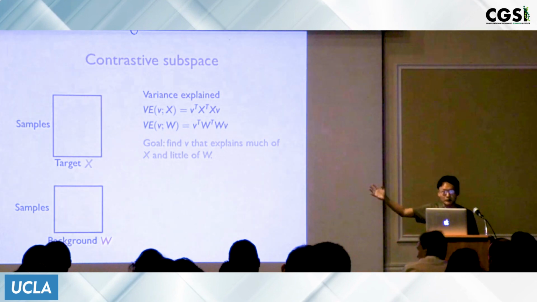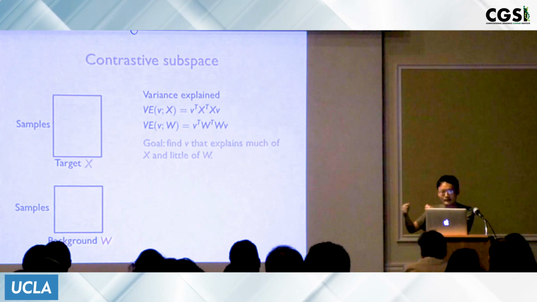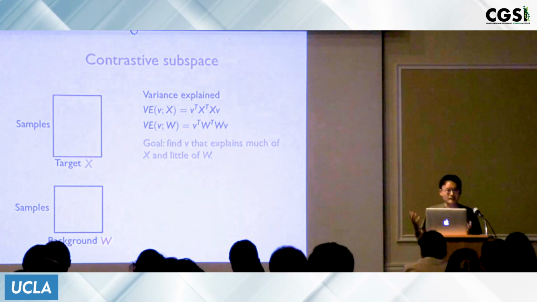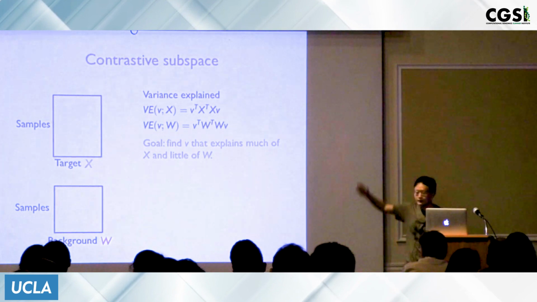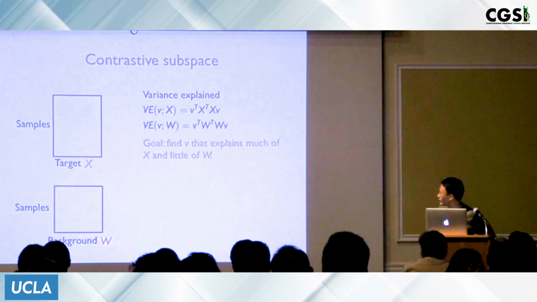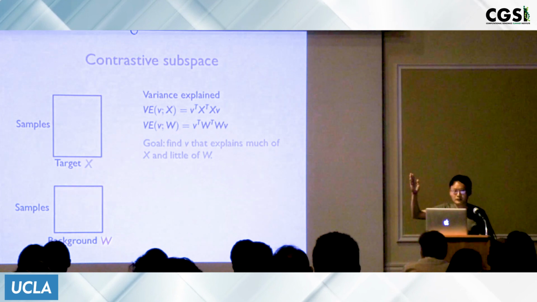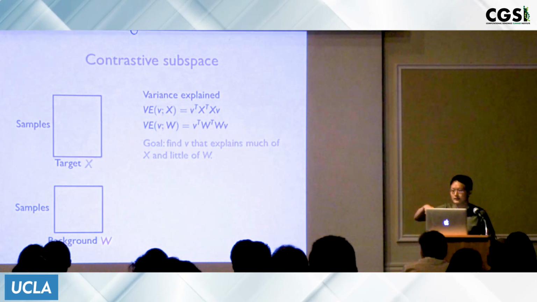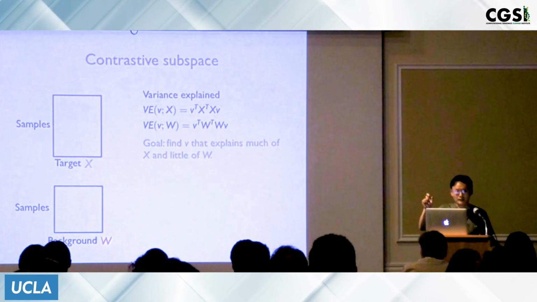Now the setting I'm looking at for contrastive learning is that I have my foreground data of interest, that's my experiments, and I have some background, that could be my controls. It has a different set of samples. They could have different numbers. For each direction, I'm interested in the variance, the information, that the direction explains of my foreground data.